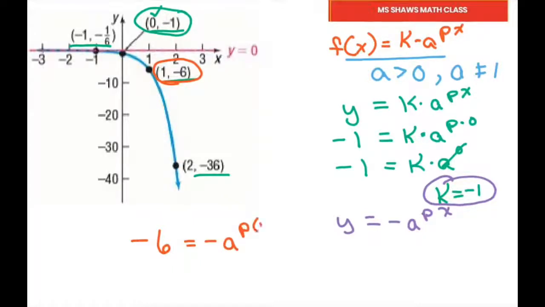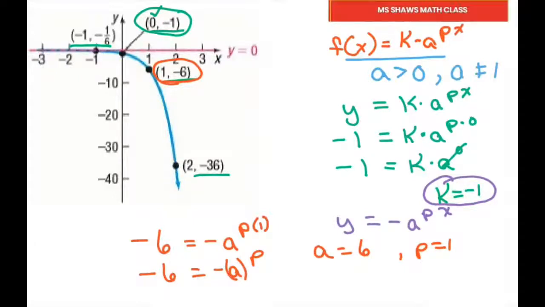Now this x is going to be 1. So we get negative 6 equals negative a to the p. So let's use a equals 6, and therefore p equals 1, then I have my equation.